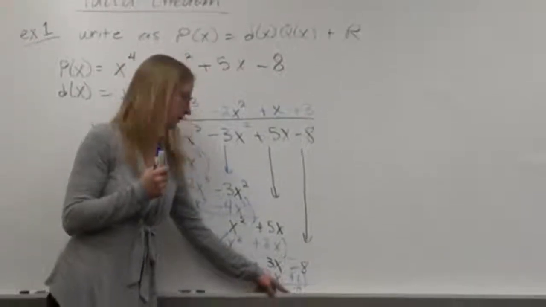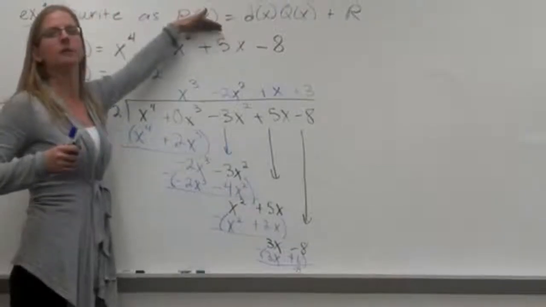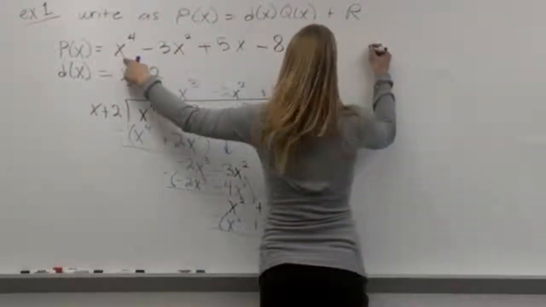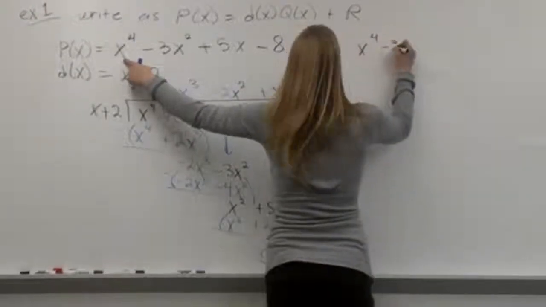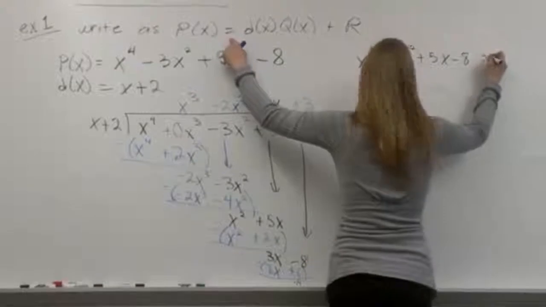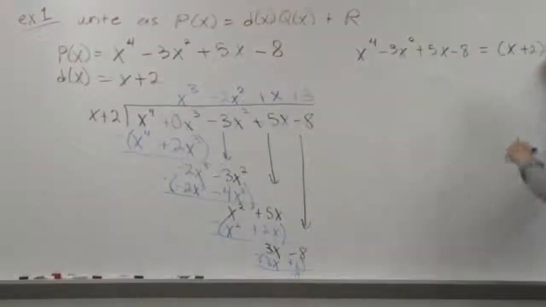Do you write that as negative 14 over x plus 2? No, because it asks me to write it like this. So how do we write this? My polynomial was x to the 4th minus 3x squared plus 5x minus 8 equals, my divisor was x plus 2. What's my quotient?